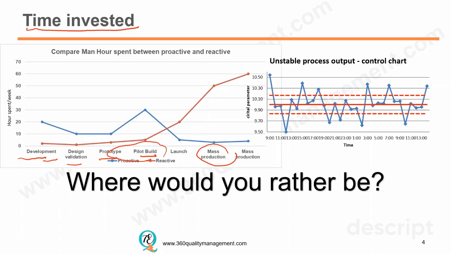After production, you will have a product that's almost autopilot, which you do not need to spend time to firefight all the potential issues. This is what the blue curve represents for the time spent in the proactive mode.